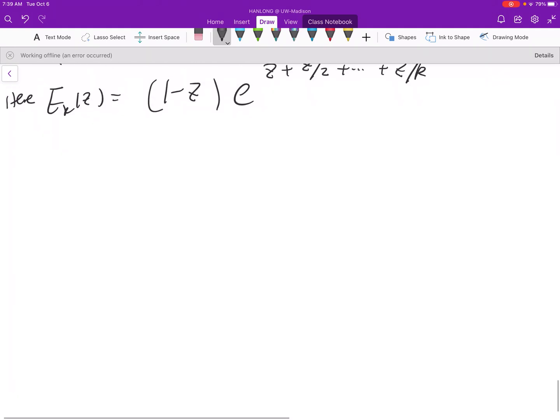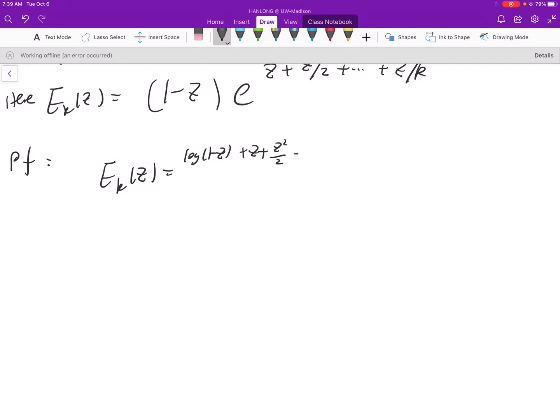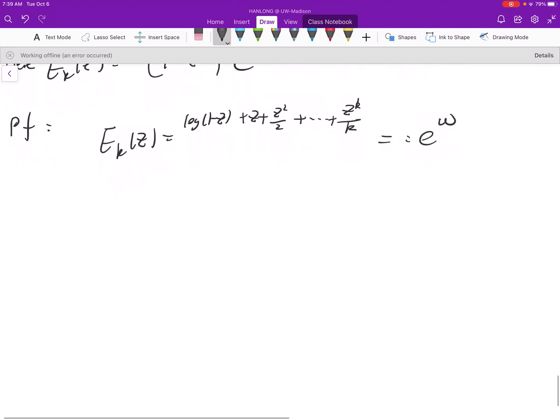Okay, so let's prove this. So recall that Ek(z) is 1 minus z times exponential of z plus z squared divided by 2 plus z to the k divided by k. Let's denote the exponent by omega. And then suppose norm of z is less than or equal to 1/2. Then omega can be written as the infinite sum, n from k plus 1 to infinity, z to the n divided by n.